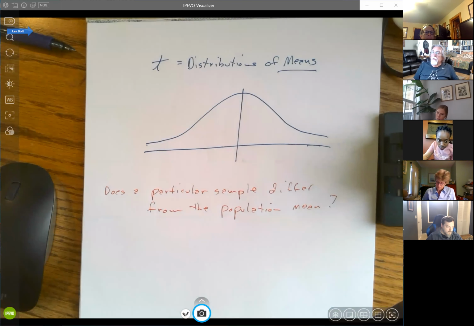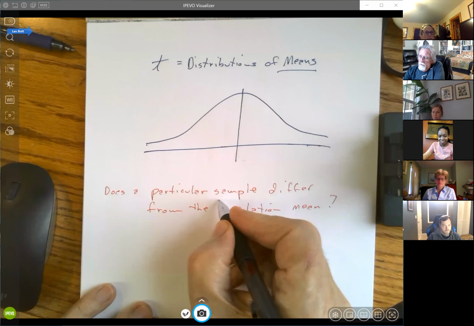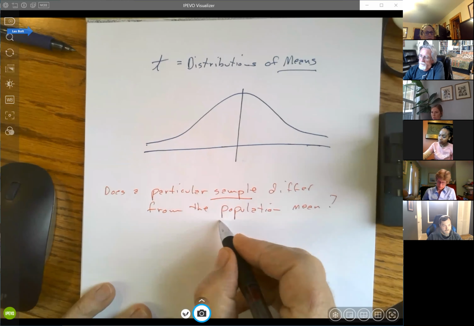Oh, okay. Forget about all the typos and misspellings in there. I'm sure I will make some as I go along. I'm not a good speller. First guy down in spelling bee, always. They thought I was being lazy. I just couldn't spell. And does a particular sample differ from a population?